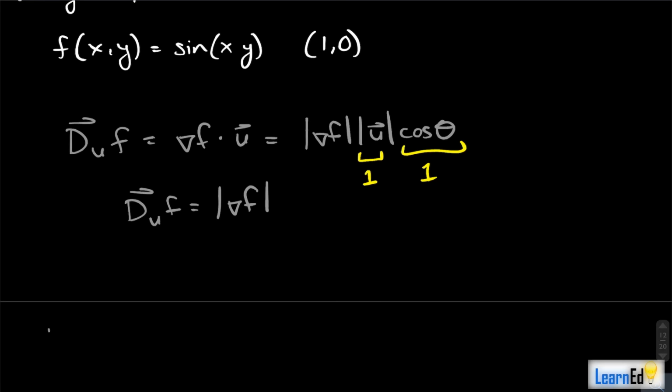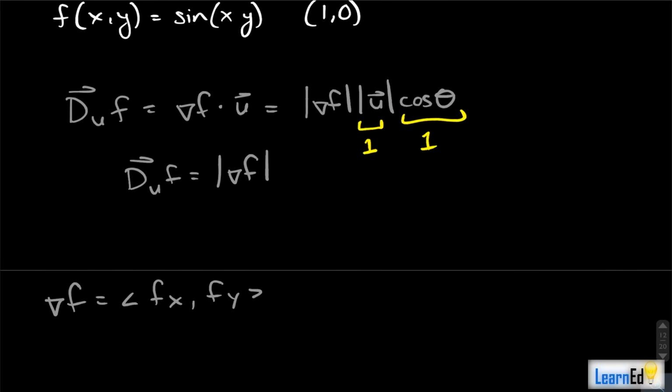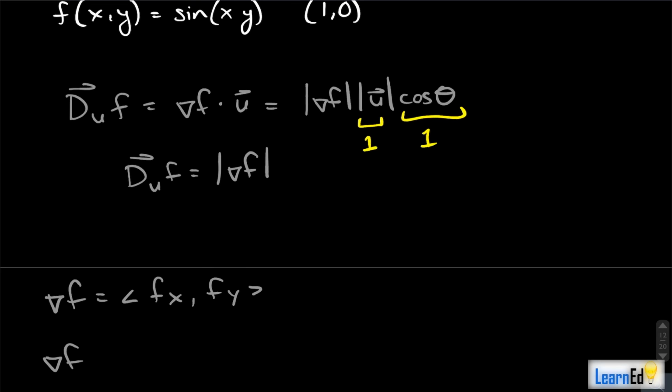Now the gradient vector in this case is just going to be the partial of x and the partial of y in two separate entries. Okay, that's our equation for the gradient vector.